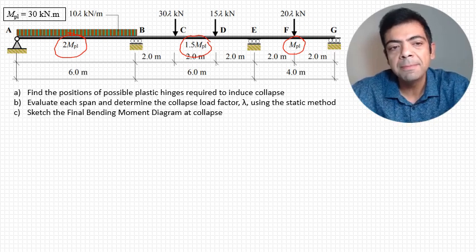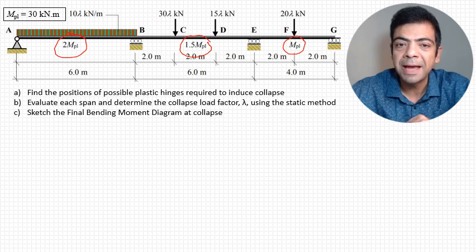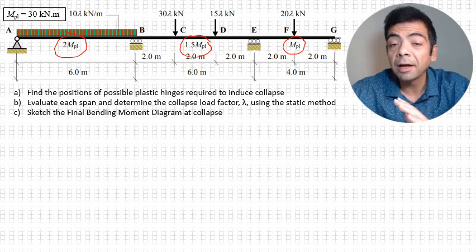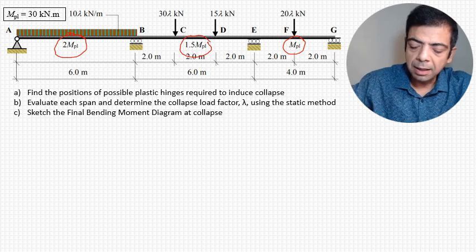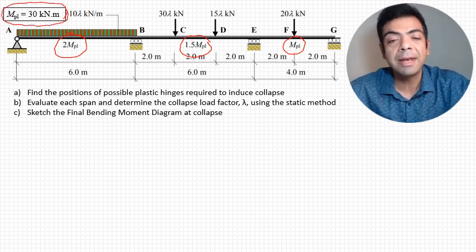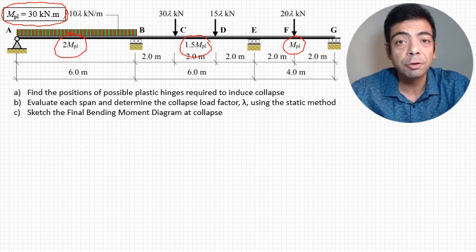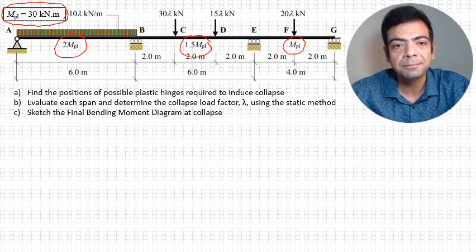Span AB is double the capacity of span EG. And luckily, we were given in this example the magnitude of M plastic. So we know that M plastic is 30 kilonewton meter.